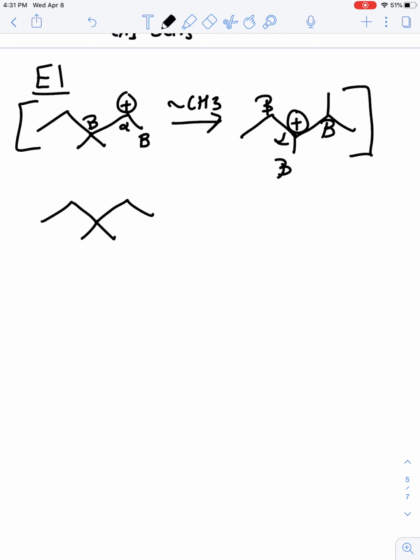So we have this product here coming from this intermediate here. We also have this product here is a possibility. We have this product here.